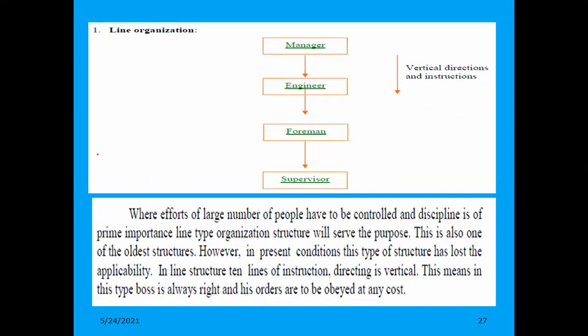Okay, next one, line organization. The name says line. Line ante it may be a straight line, vertical line, horizontal line, inclined line, whatever it may be. Line means follow the line, just like the ants, how they are following in a line.